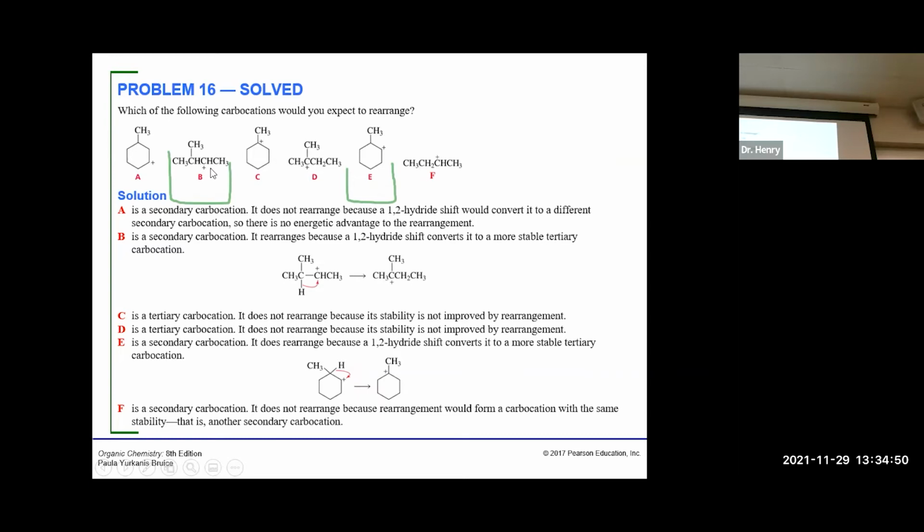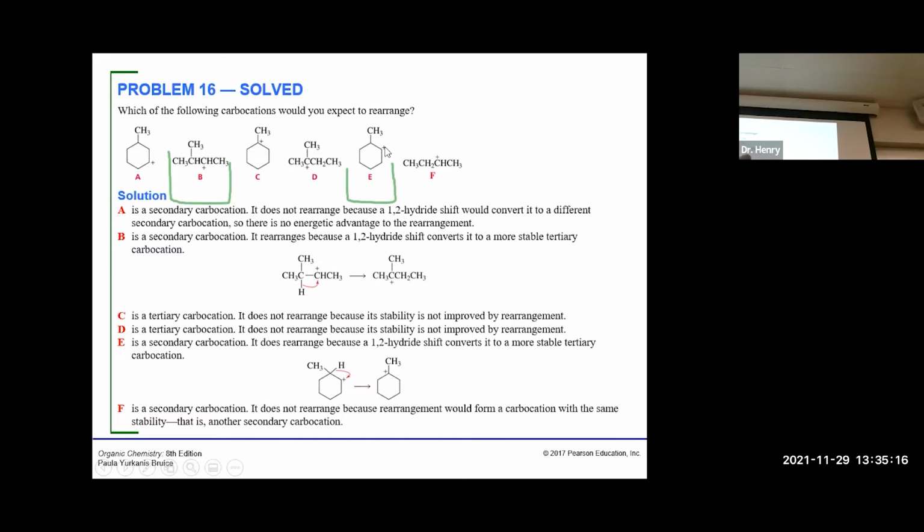In other words, we're going to remove that plus charge and transfer the hydride there. See, it's right where it's supposed to be already, so we don't have to worry about moving it. It's the most stable point. Same thing with D, most stable point. E, perfect case for a rearrangement, right?